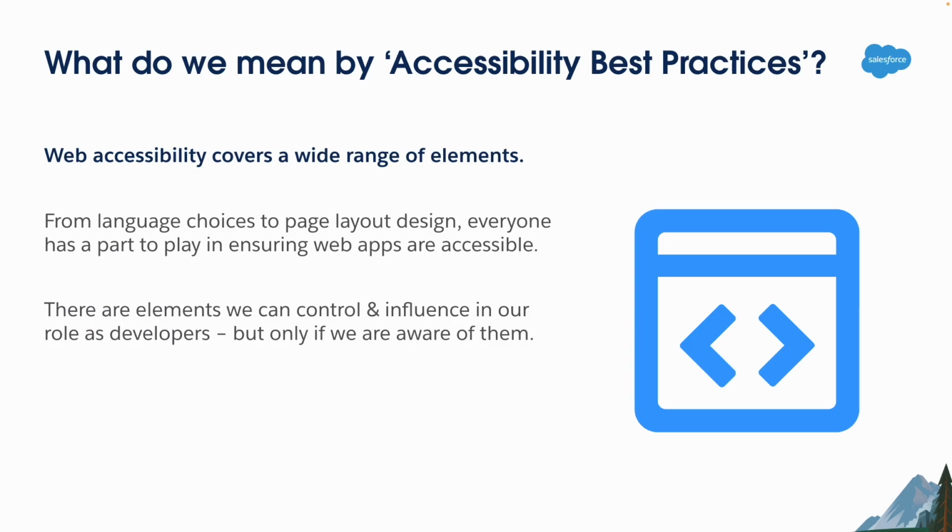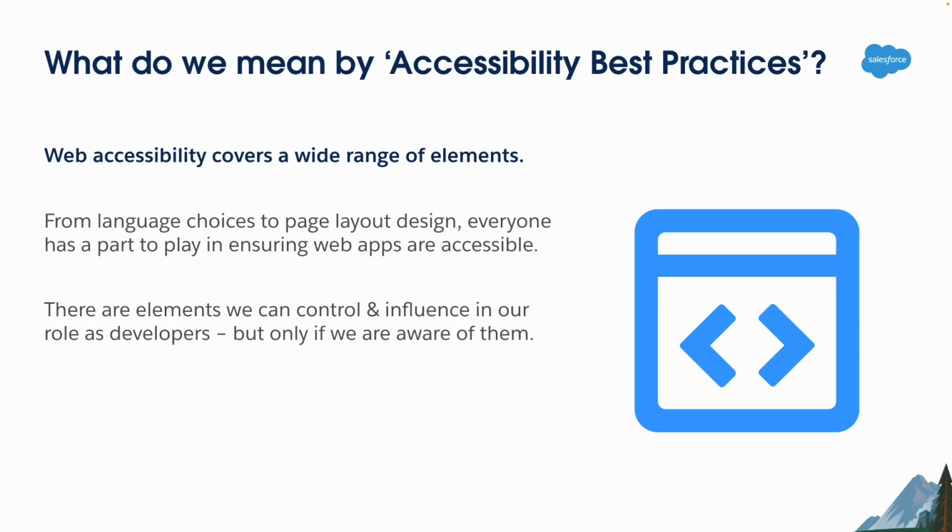An accessibility best practice is a decision that we make that opens up our functionality for the most users possible. And within all of these decisions, there are a subset that we can specifically control and influence in our roles as developers. And that is what I'm going to talk about today.